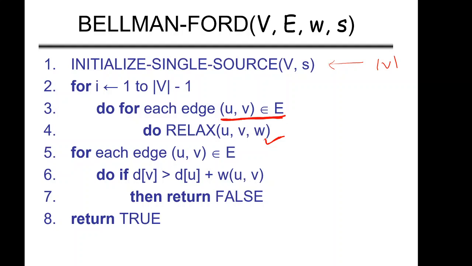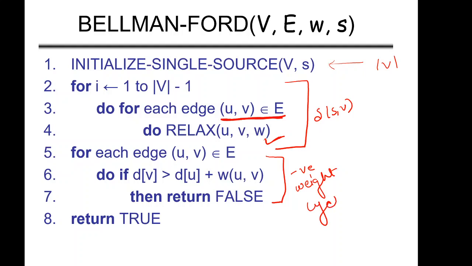We have already seen the relaxation step. This will give you the shortest path from S to V for all vertices, and this code is to find the negative weight cycle.